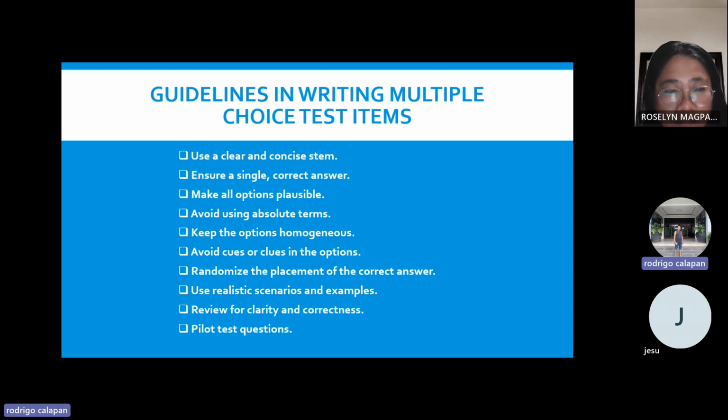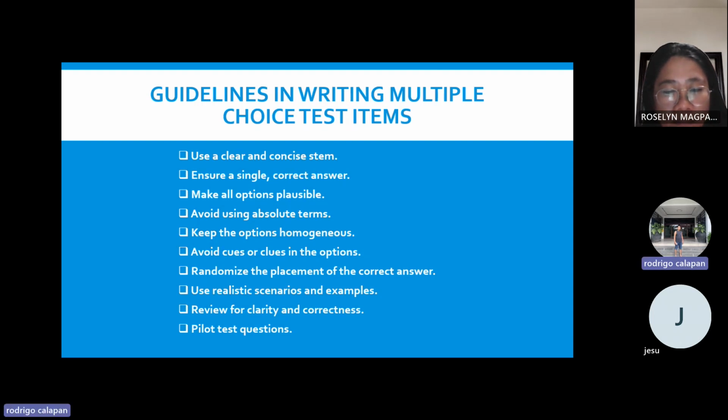So we have to ensure a single correct answer. Each question should have only one correct answer. Avoid including options that could be interpreted as correct or valid, as they may confuse test takers and compromise the validity of the assessment. The third one is make all options plausible.